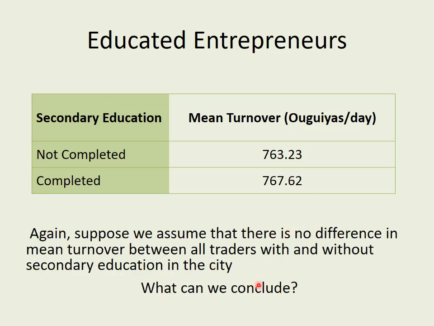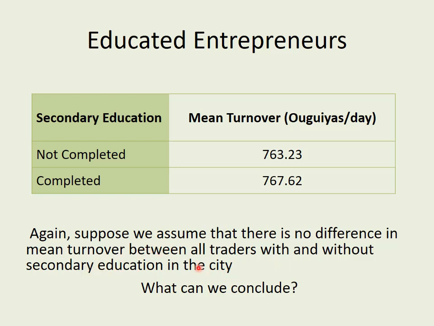Well, again, you make an assumption. These are the 400 and something people that we talked to, but if we look at all the traders in the city, we assume there's no difference in the mean turnover in all the traders between those with secondary education and without secondary education.